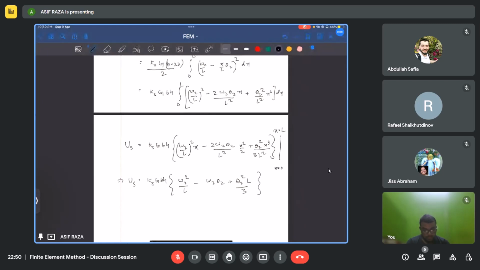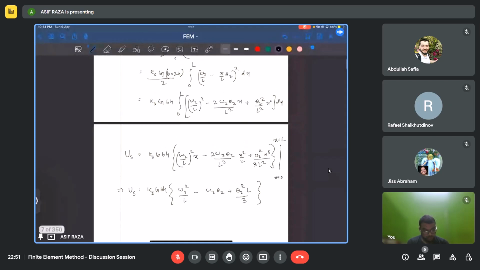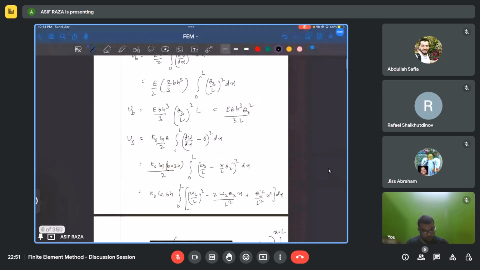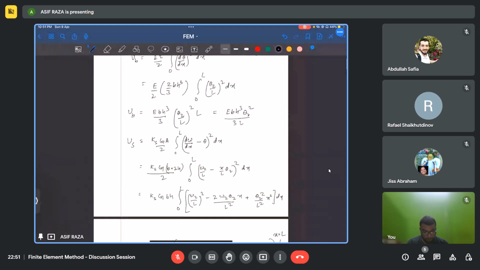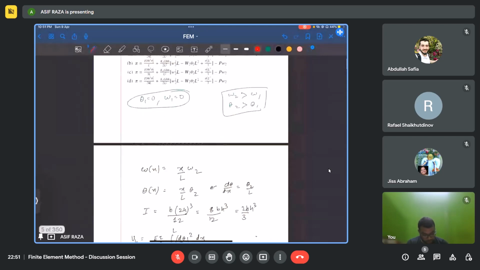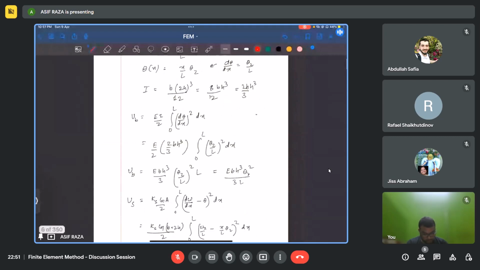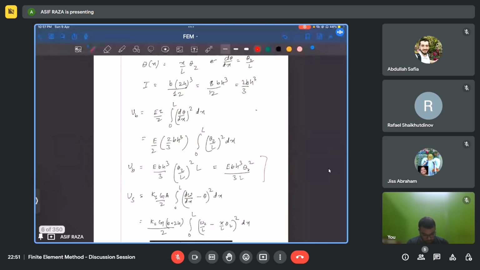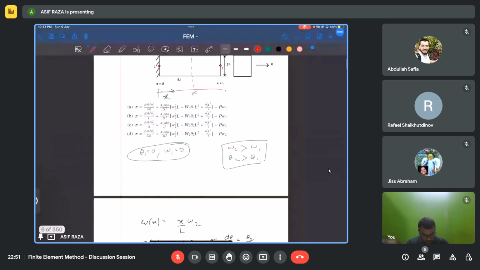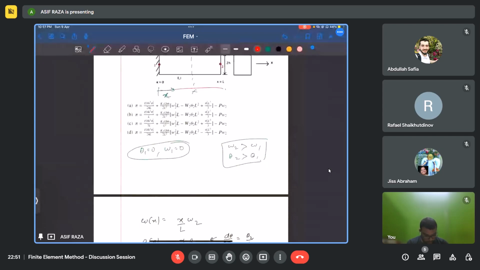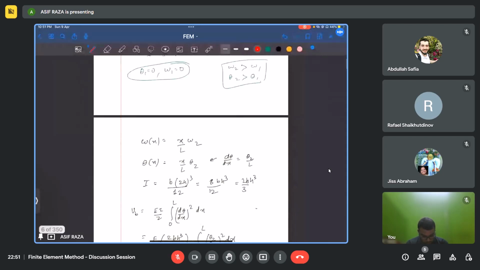Okay. So let's see what it matches with. First, the bending term is EBH cube theta 2 square by 3L, and that matches with this option, EBH cube theta 2 square by 3L.